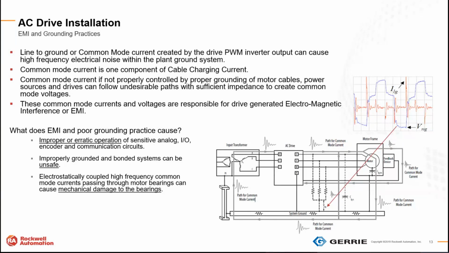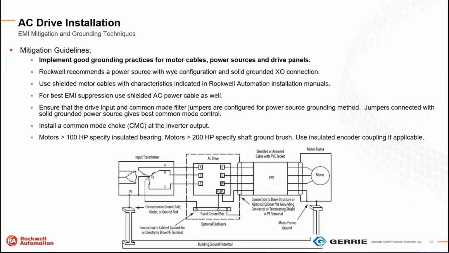Then we have a system ground, and that system ground is also brought back up to the drive itself, and back to the motor as well, as well as a ground conductor from motor to drive. So there's a lot of grounding going on in there, and good grounding practices do take a lot of these issues off the table.